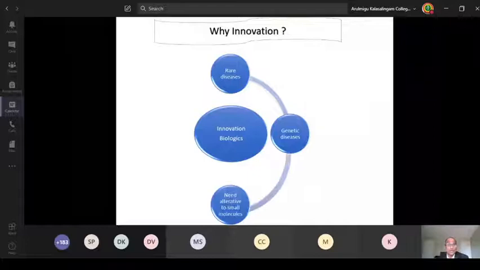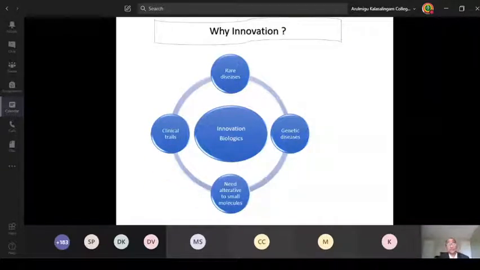Now, once after the completion of the conventional small molecule development, we are going for innovation. Why innovation? Here you can see innovation: biologics. Because of the growing number of rare diseases and typical unknown diseases in the growing population, the FDA is promoting the industries to go for innovation, particularly biologics.